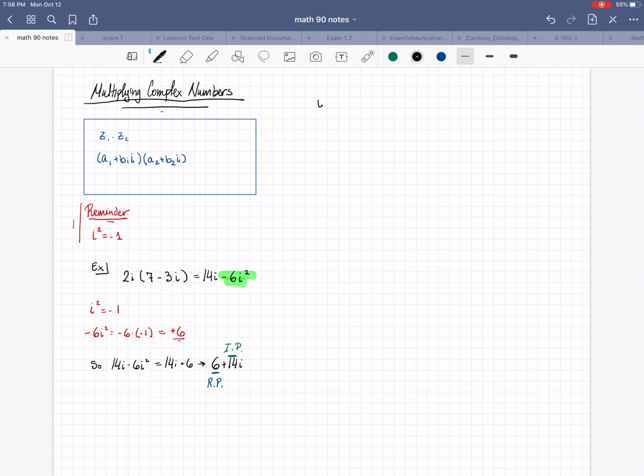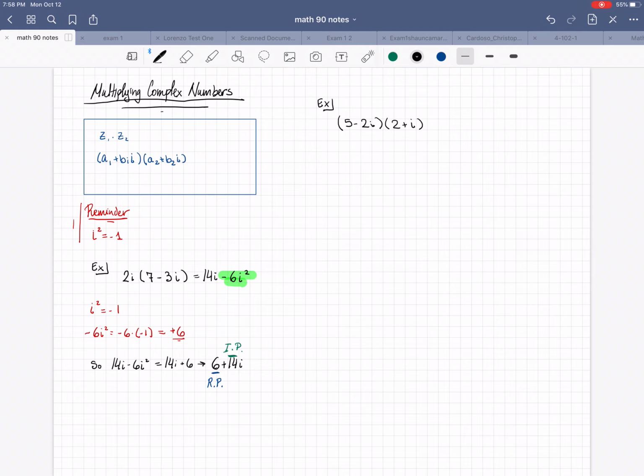Let's try another example. Okay, and again, we'll multiply two complex numbers. Let's say we multiply 5 minus 2i by 2 plus i.